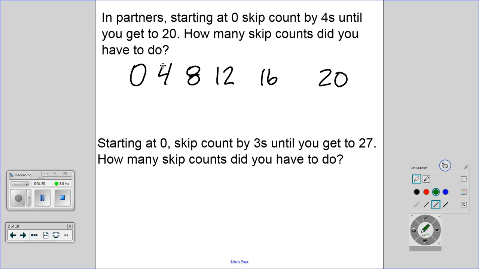Alright, how many skip counts did it take for me to get from 0 to 20? Remember, I'm not counting all my numbers. I'm counting the spaces in between. So this is 1.